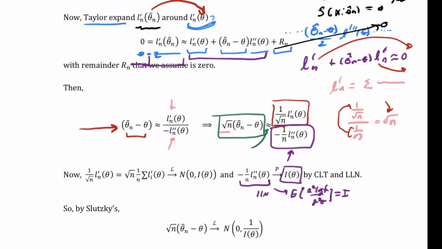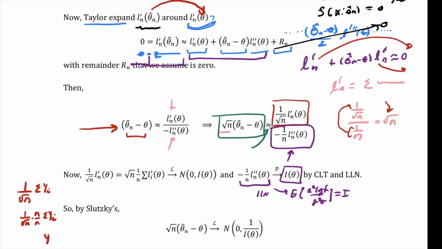Now, what about this top part in red? Well, I'm going to apply the central limit theorem here. I basically have here 1 over the square root of n times a summation of some variables. And I can rewrite that by multiplying by 1 over the square root of n times n over n times the sum of the yi's.